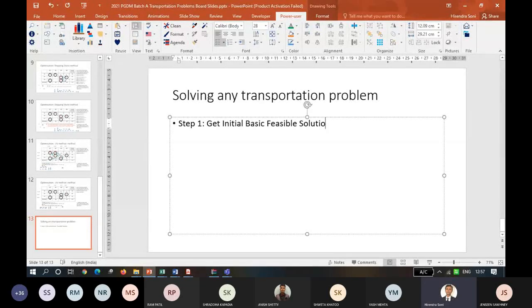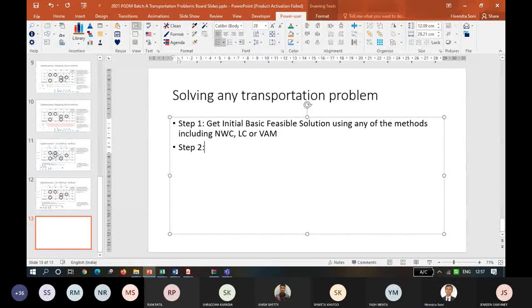Get initial basic feasible solution using any of the methods, including northwest corner, least cost, or Vogel's approximation.